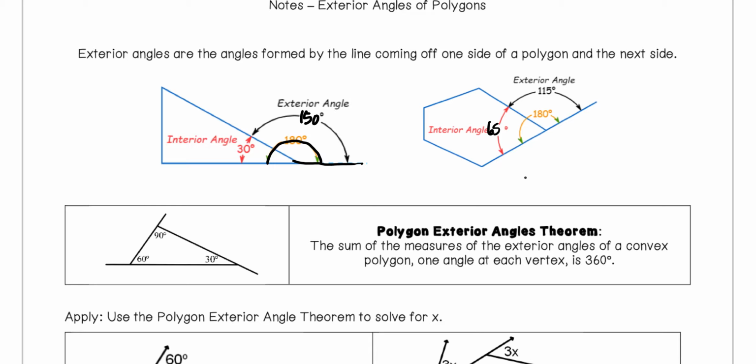So our polygon exterior angles theorem says that the sum of the measures of the exterior angles of a convex polygon, where one angle is at each vertex, is 360 degrees.